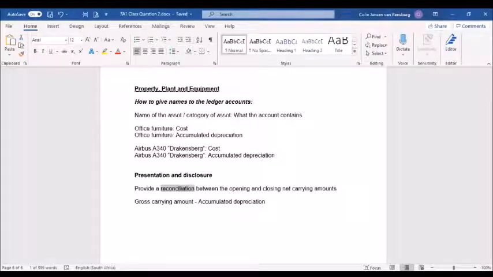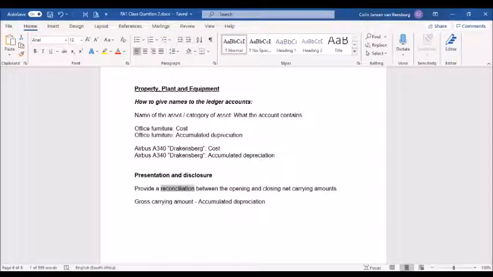And as we've mentioned last week, when we dispose of any property, plant and equipment item, we must get rid of any balance that relates to the carrying amount of that particular item that we are disposing of. So that includes the cost as well as the accumulated depreciation.